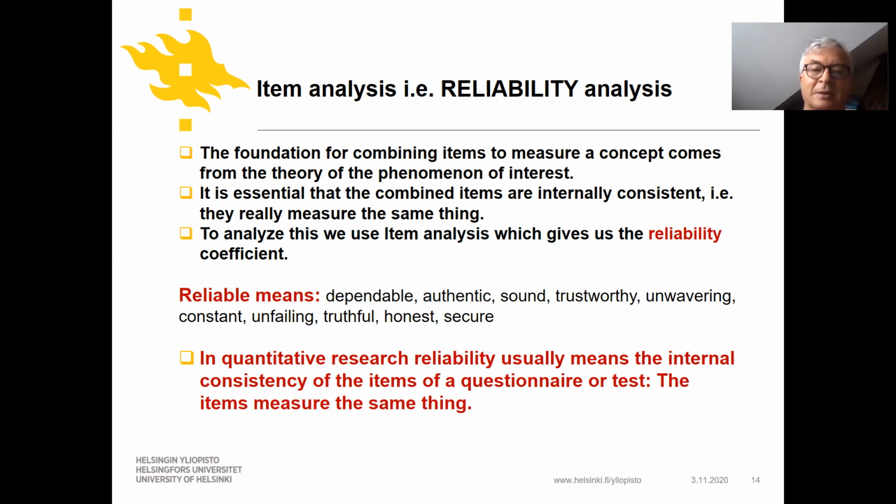They are talking about the same thing: that we can depend on, we can measure, and the results will be trustworthy, unwaveringly give us the same result on different days, constant in this way, truthful. And we can feel secure about the result.